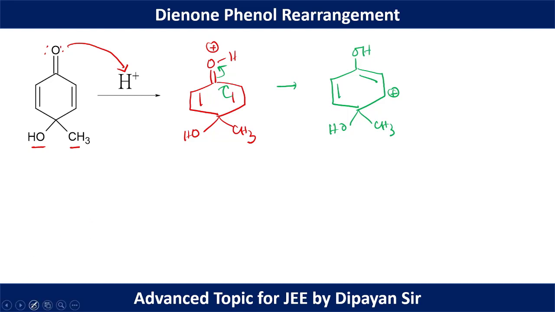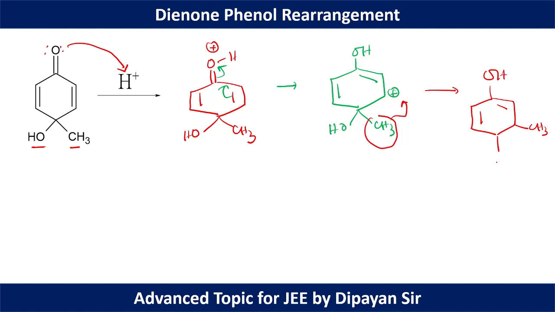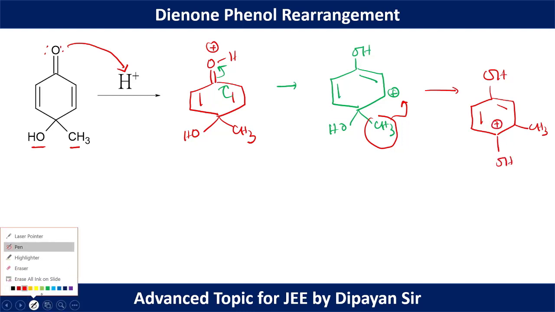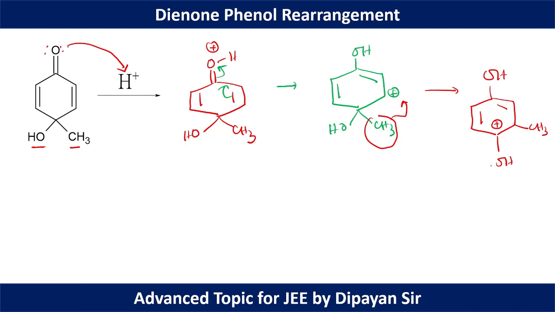If we migrate methyl, the intermediate which is going to be formed is double bond methyl OH. Now the thing is that this positive charge will be stabilized by resonance of lone pair over oxygen.